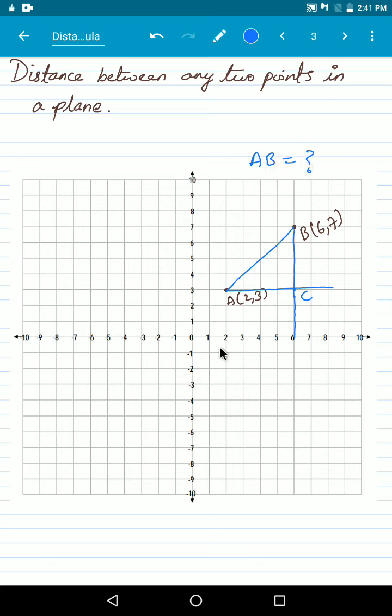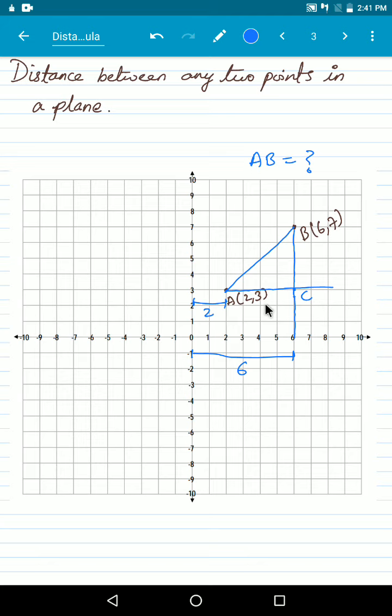See, if you observe this diagram carefully, from here to here, what is the distance? 6 units, because the value of x is 6. And from here to here, how many units? 2 units. So AC will be equal to 6 minus 2, because from 0 to 6 is 6 units and this is 2 units.